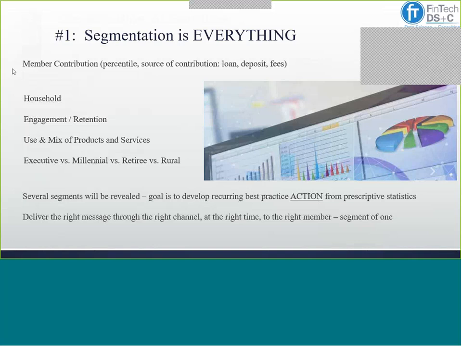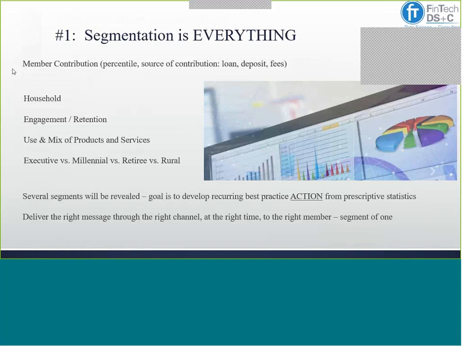And what's important is we've seen the challenges in the last 2 slides of segmentation. And some credit unions, and some of you on the phone, may have a next product model. You may know the right product for the right member at the right time for your credit union. And when I find credit unions that have a next product model, it's a big step to get to that point.